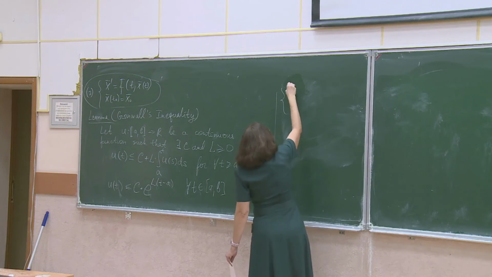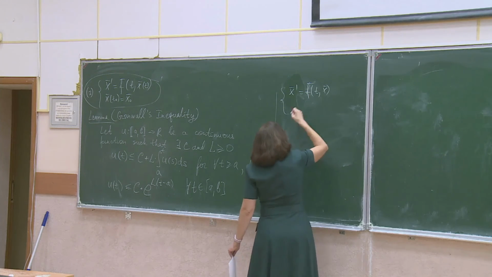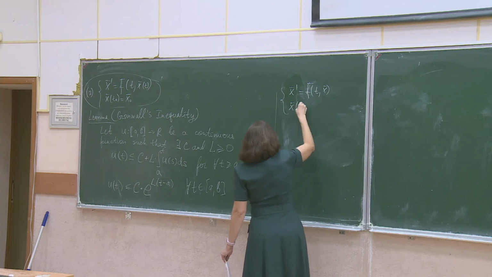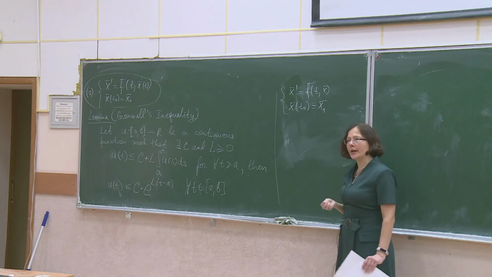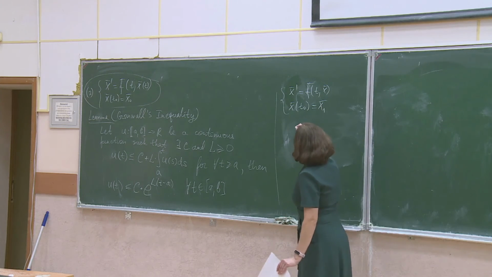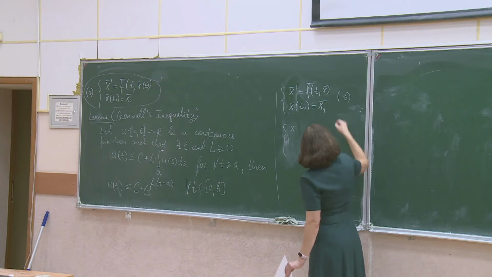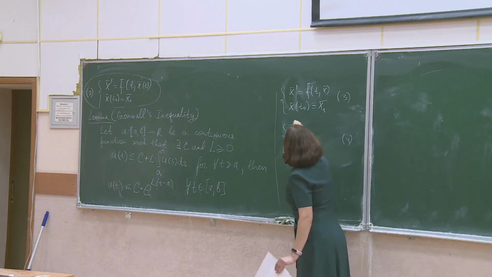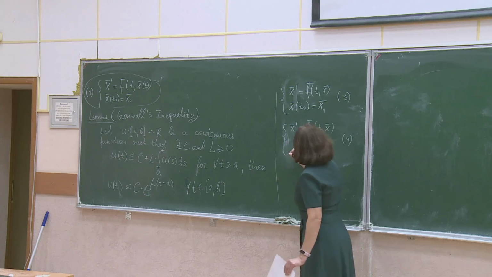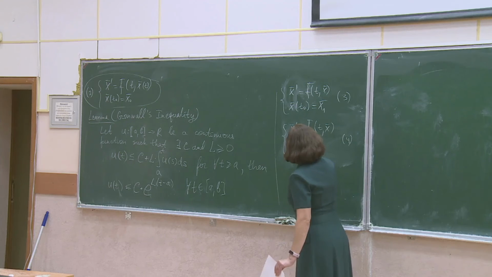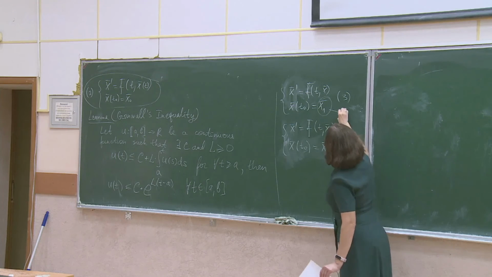So I will consider the differential equation, the initial value problem, x of t0 equals x1. So I fix t0 and x1. And I want to consider the initial value problem. So let it be number 3, and this will be number 4. X prime equals f of t x, and x of t0 equals x2. But x1 is fixed.